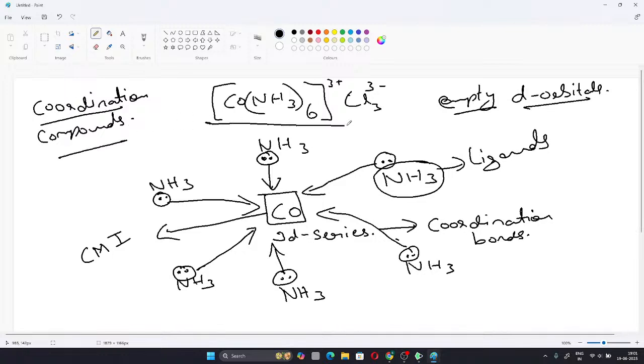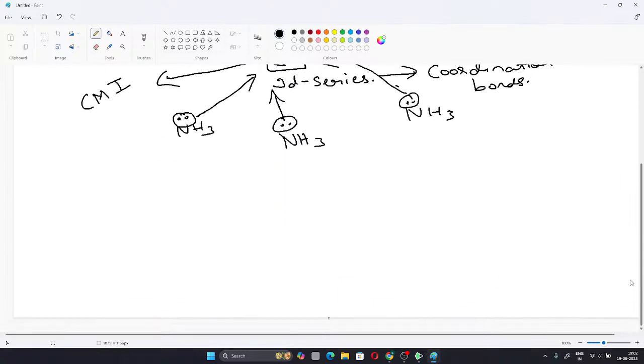And here in this case, cobalt is taking electrons from 6 ammonia or NH3 molecules, and this complex will act as a single ion having a whole charge of 3 plus. Chlorine will get dissociated in this case when it's outside.